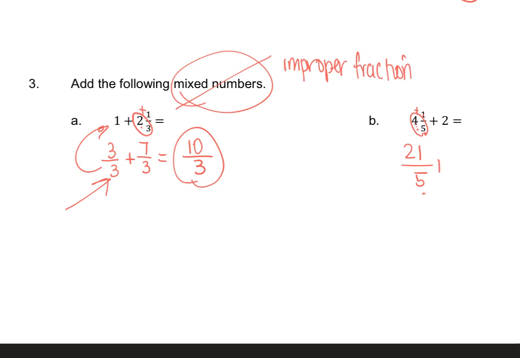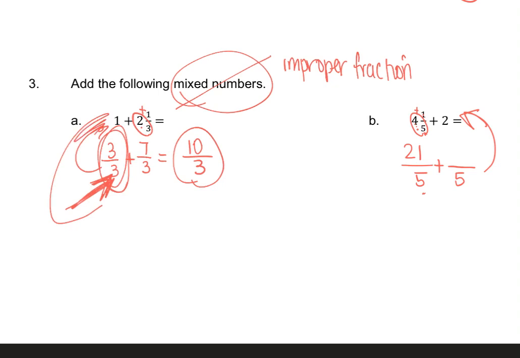Now I'm going to add, and I want my denominator to be 5. But now I have to work backwards a little bit. This has to be equal to 2, but I have to have a denominator of 5. So over here, I needed a denominator of 3, but when I divided this, I had to equal 1.